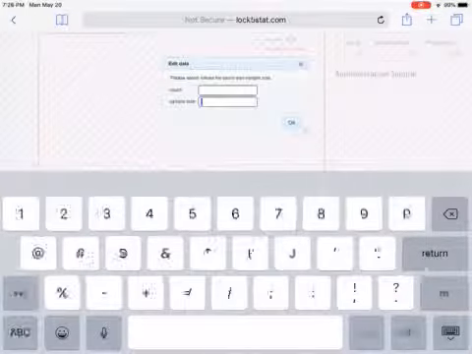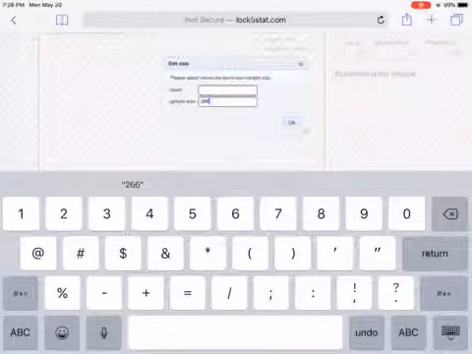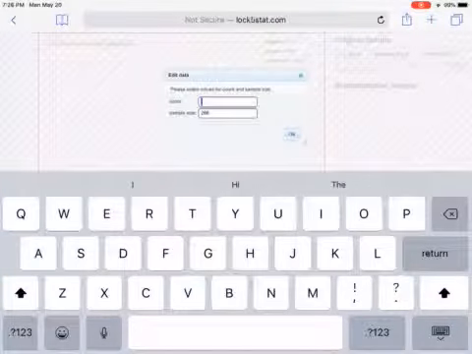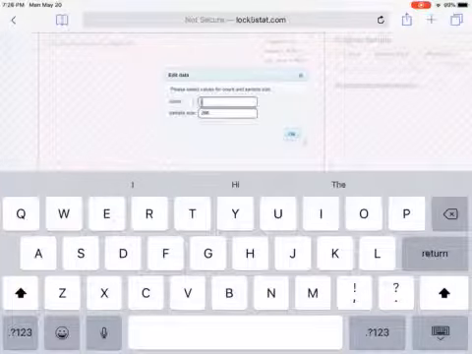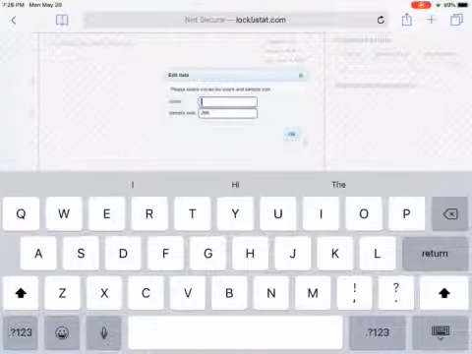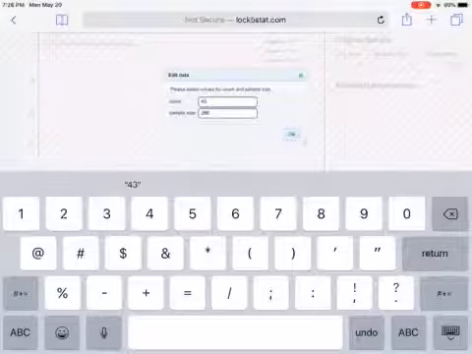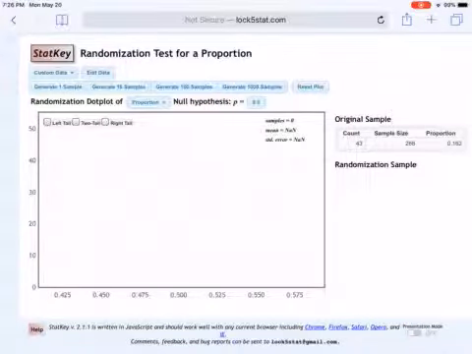We know we had 266, but we weren't given a count. To get the count, we take 266 and multiply it by 0.16, which gives us a count of about 43. So 43 divided by 266 is where we get that 0.16 value, and we can see 0.16 over in the corner as our proportion.